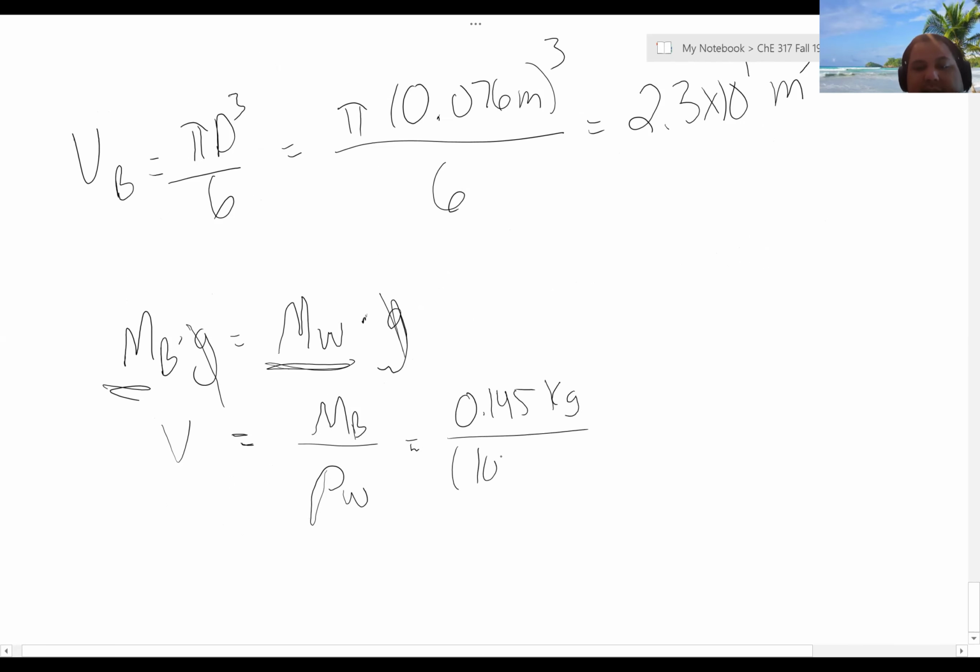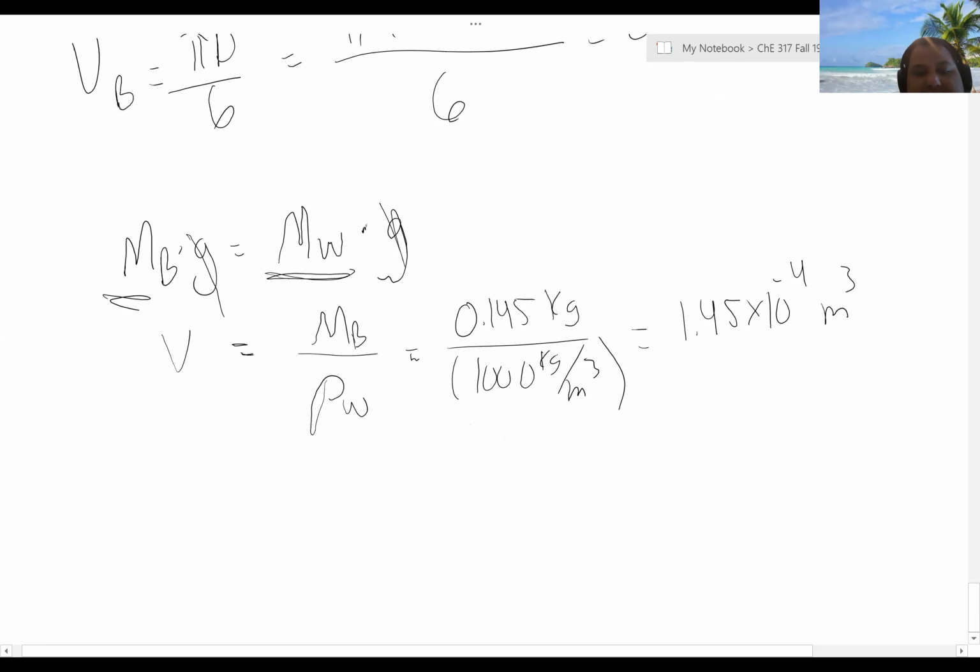The density of water is 1,000 kilograms per cubic meter, which should give us 1.45 times 10 to the minus 4 cubic meters.